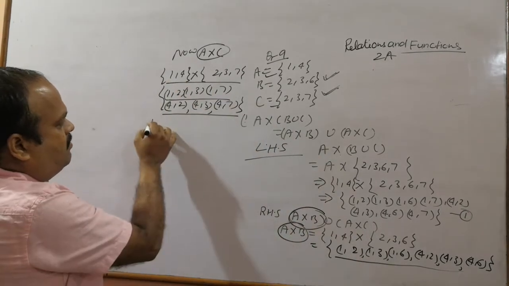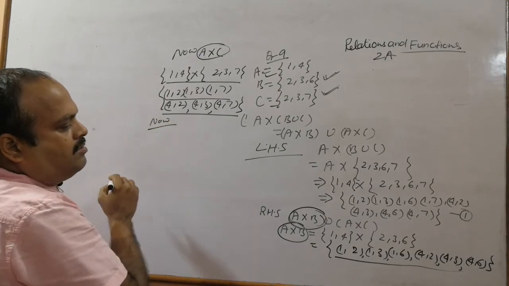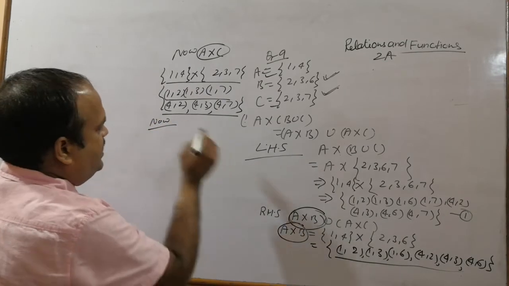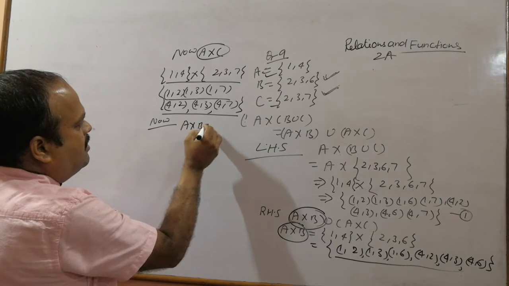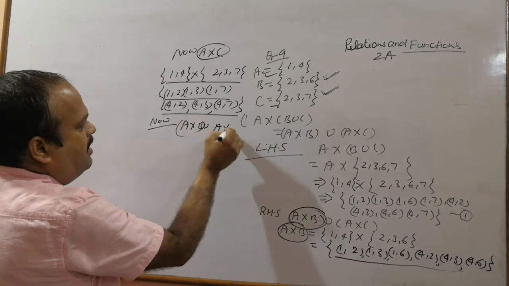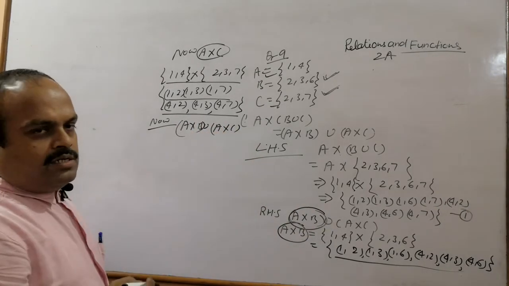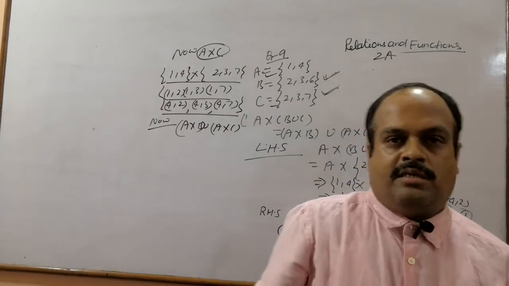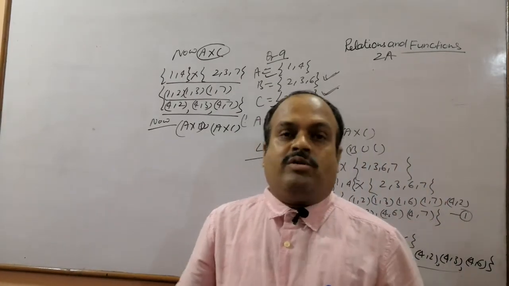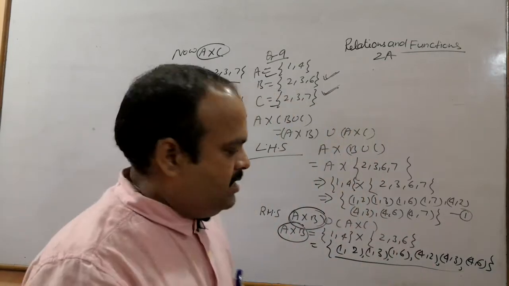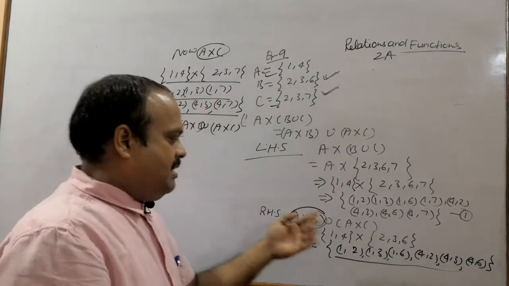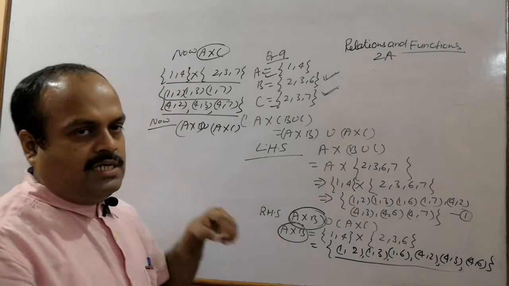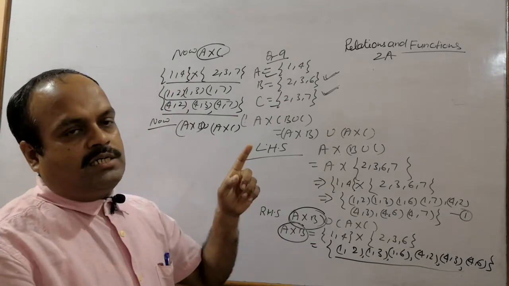Okay. Now we will get A cross B union A cross C. I hope you know how to find the union of two sets or more than two sets. So start writing the elements of A cross B and A cross C to get the union.